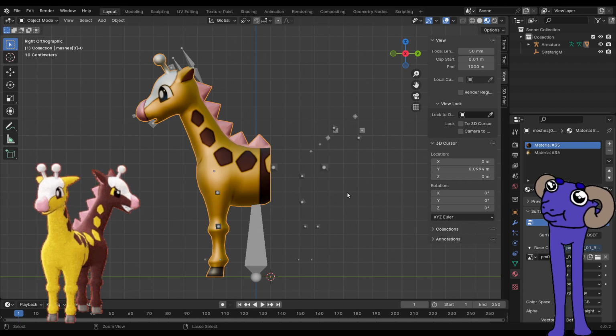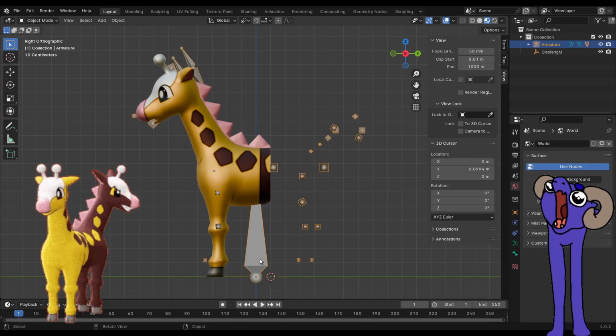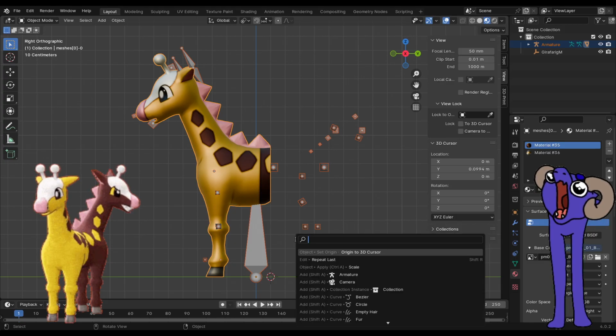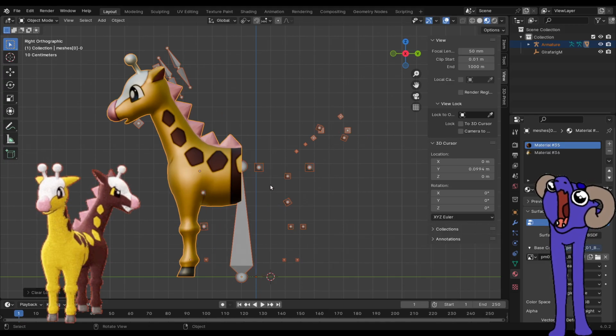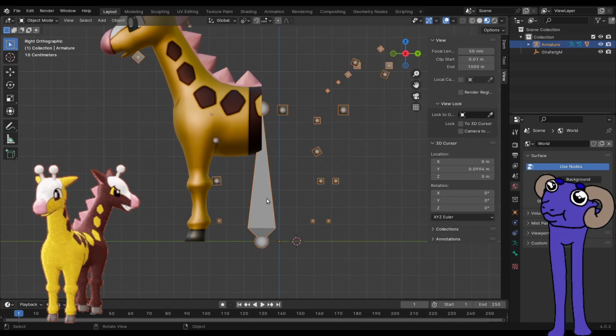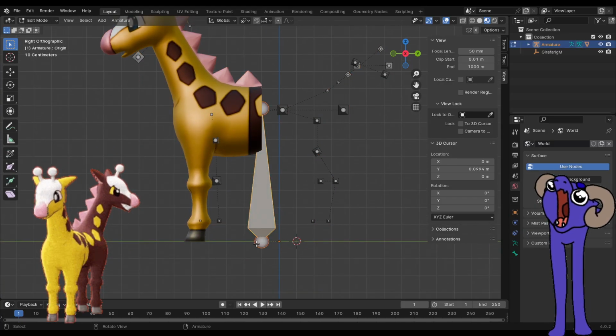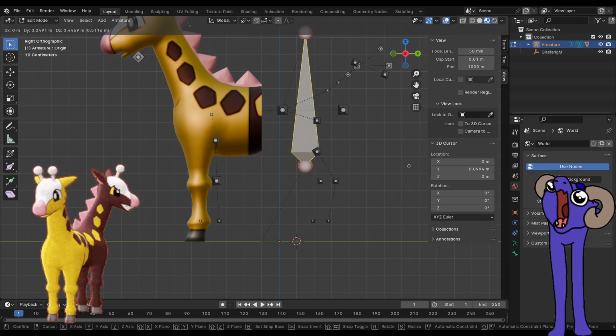Oh, wait, that's not gonna work because of this. Unless, wait, can I do this to both? We can just do it to both, that's fine. Just means I might have to... Is this actually stuck to anything?